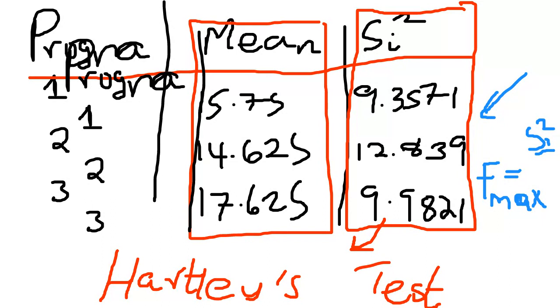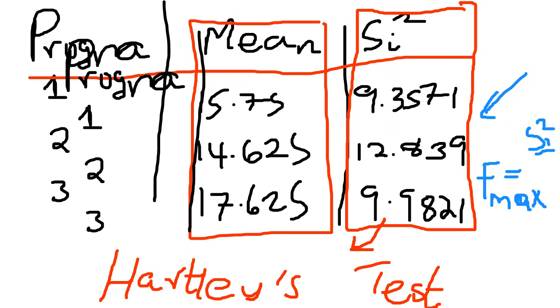The largest divided by the smallest. Which one is the largest variance there? 12,839. So always, even if you have 5 variances, the largest goes on top and the smallest is the denominator. Do we get that part?